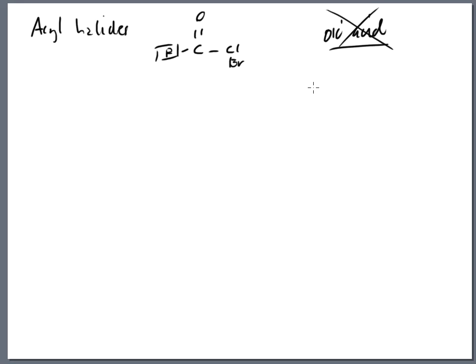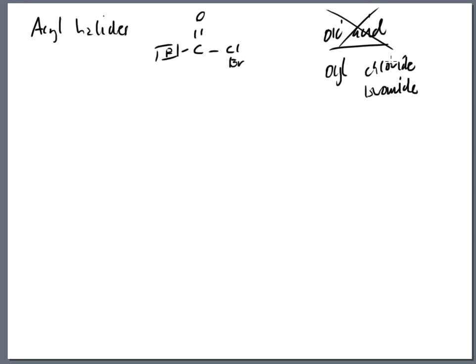So with this functional group, I need to modify the ending in a different way. And the way that we do that is oyl, O-Y-L. Oyl chloride, or oyl bromides, oyl fluorides, if that's the thing, oyl iodides, if that's a thing.